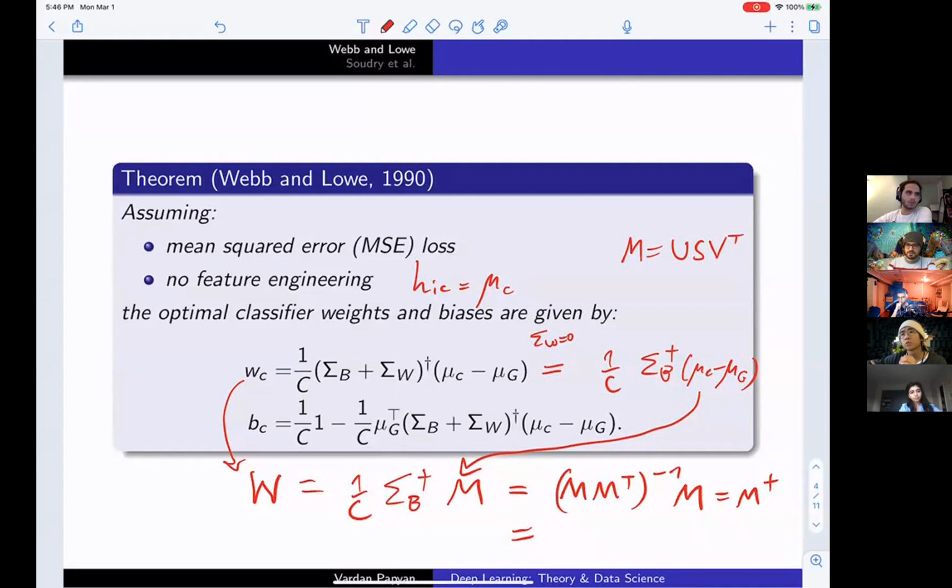What is a pseudo-inverse is a good question. One way to define pseudo-inverse is U S pseudo-inverse V transpose. So it's basically when you invert the non-zero singular values, as Jim Shaw beautifully says.